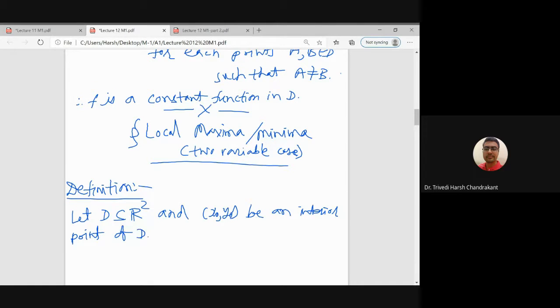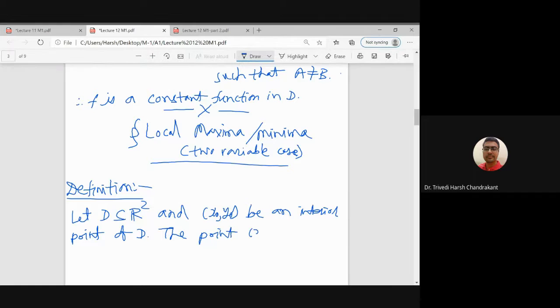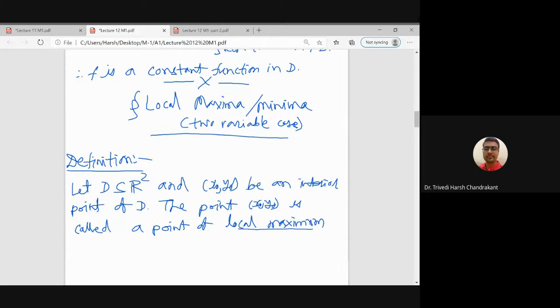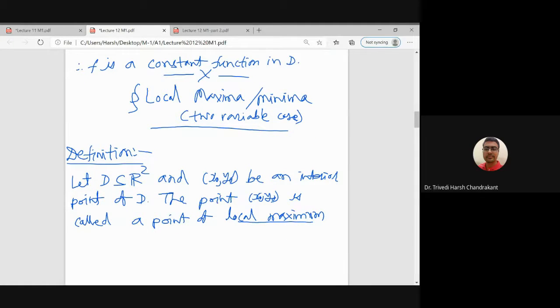Of the domain. So the point x naught, y naught is called a point of local maximum of the given function f.